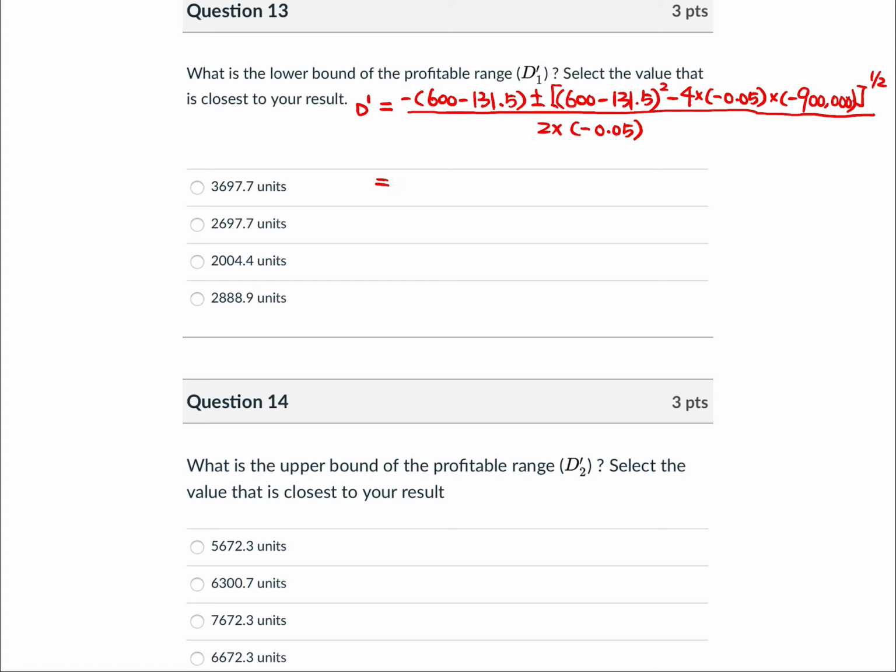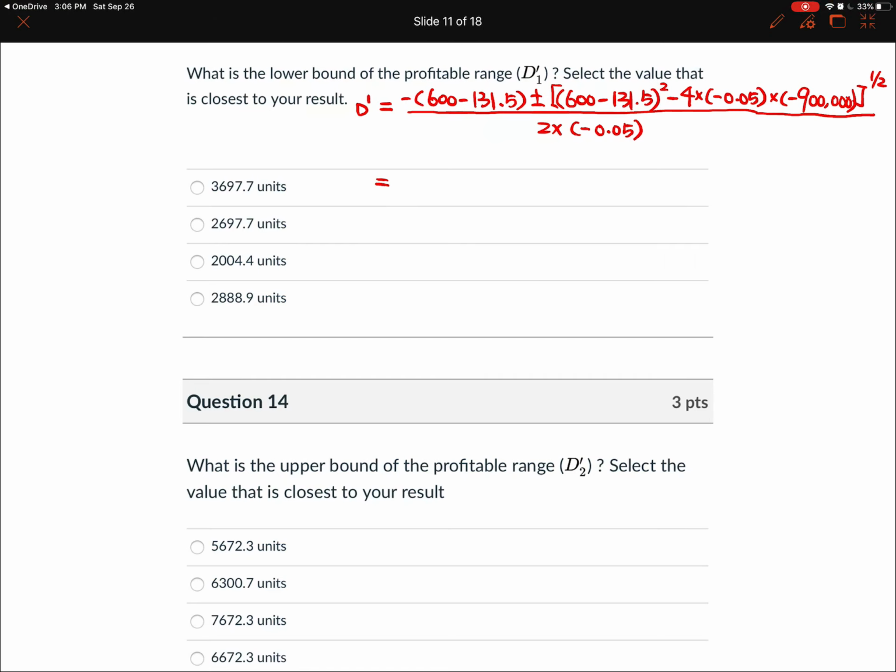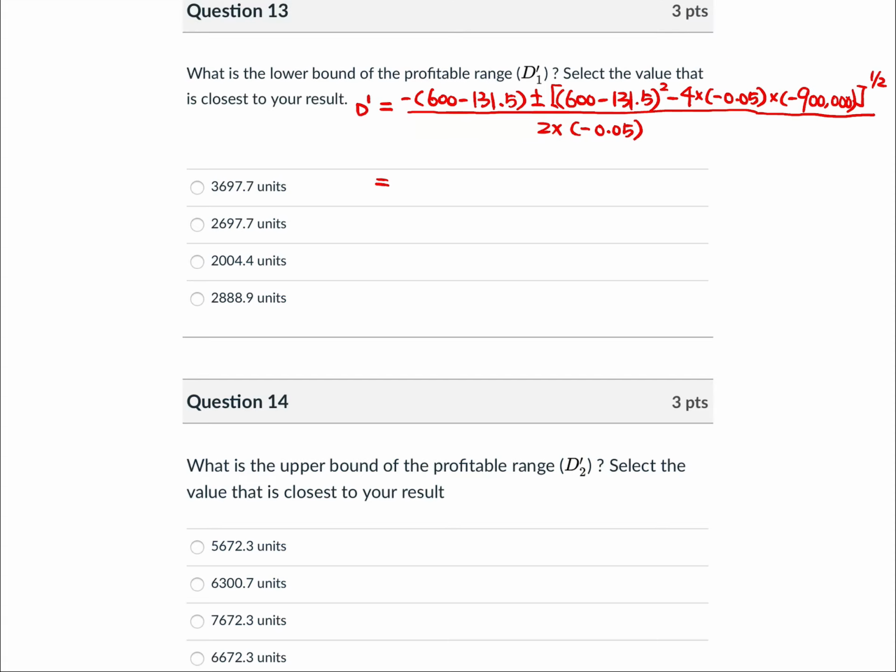So first, what is in the parentheses? We're going to calculate this and this and this first.